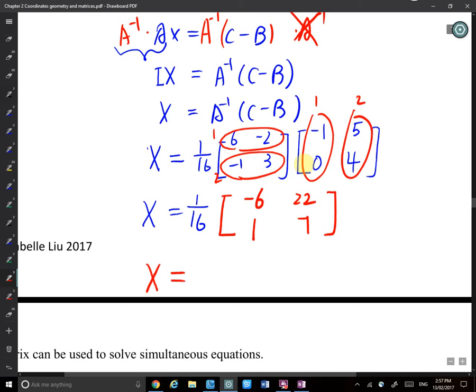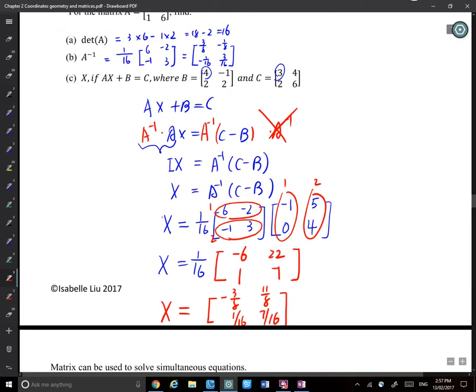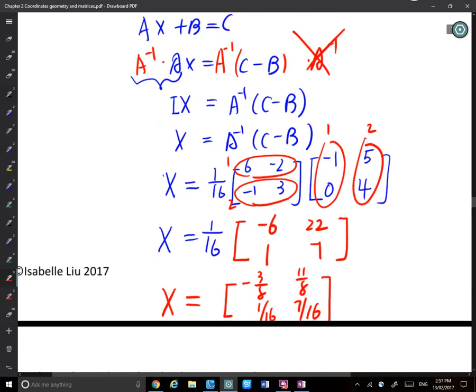So X will be minus 3 over 8, 11 over 8, 1 on 16, and 7 on 16. Okay, that's how we solve this.